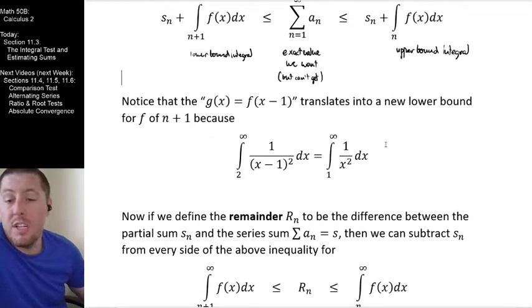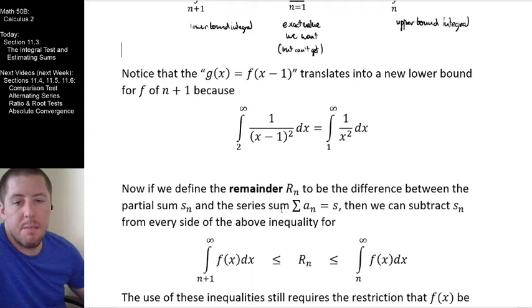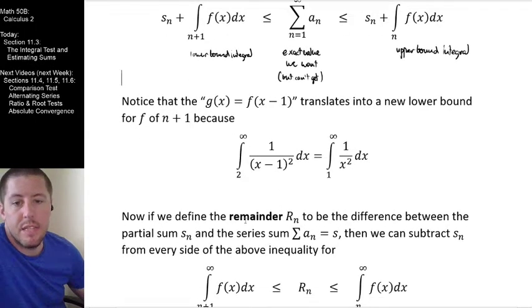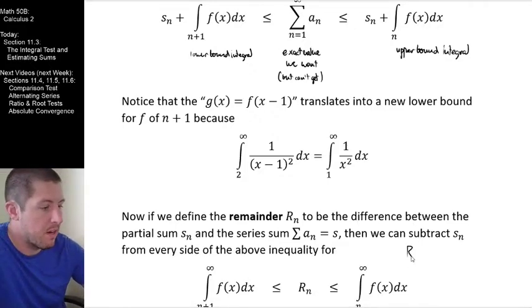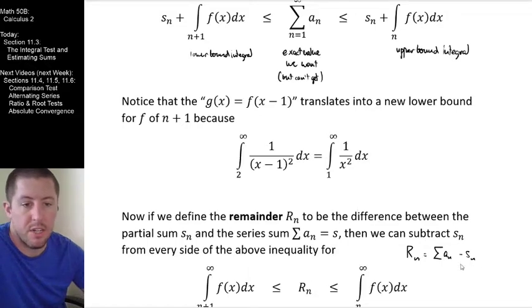Now, we're just going to use some notation right here. So now I'm going to say, if we define the remainder to be the difference between the partial sum and the series sum, which is actually just S. So I'm saying here, R sub n equals, take the entire series and subtract off the partial sum of the first n terms.